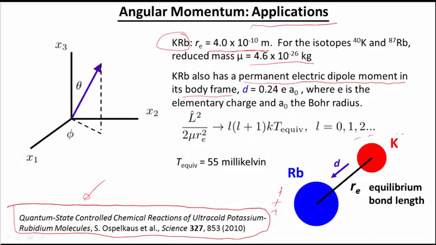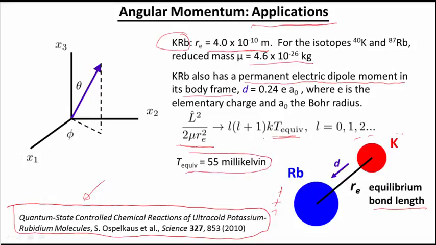But when there's no electric field present, then the Hamiltonian that describes the rotational motion of this molecule is just given by L squared over 2 mu r_E squared, where r_E is the equilibrium bond length. And I've converted that, so that's L times L plus 1 times h bar squared over 2 mu r_E squared, to an energy in temperature equivalent units, just because it's convenient for these cold molecule applications.